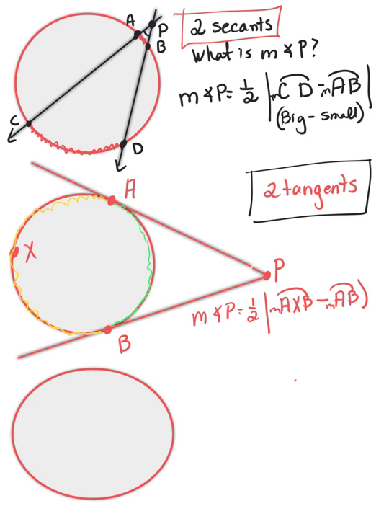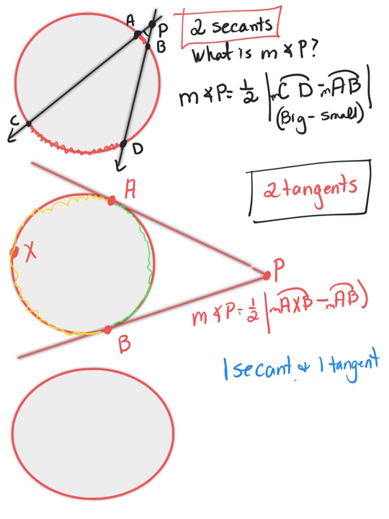Another configuration that I could come up with is if I have one secant and one tangent, making the exterior point.